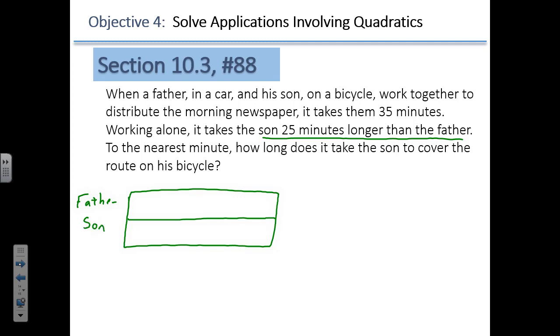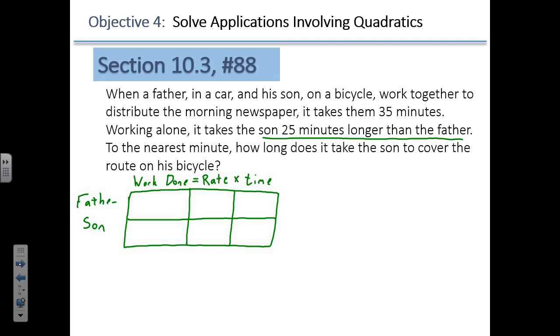And then for each one of the participants, we know that their work done, that's one column, that's going to be equal to the rate of work times the time that they spend working, and those are the other two columns on our table.